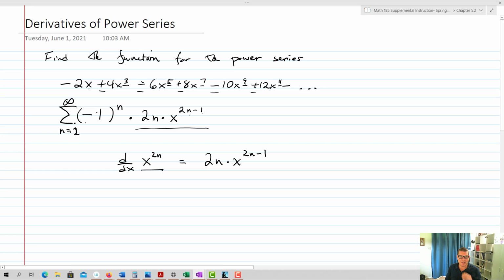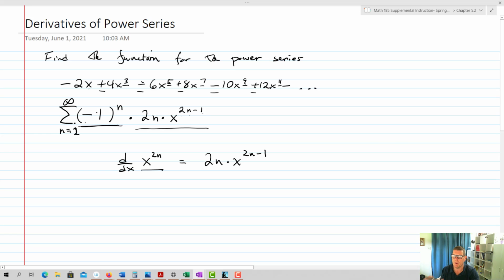In addition to that, if we wanted to, we could incorporate in this negative 1. But we'll deal with that in just a bit.